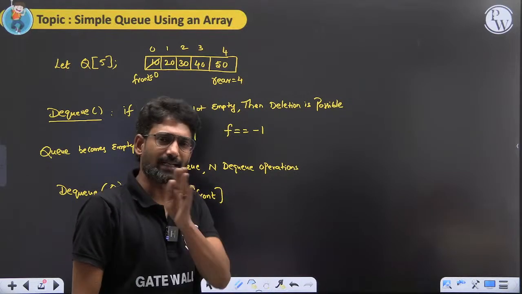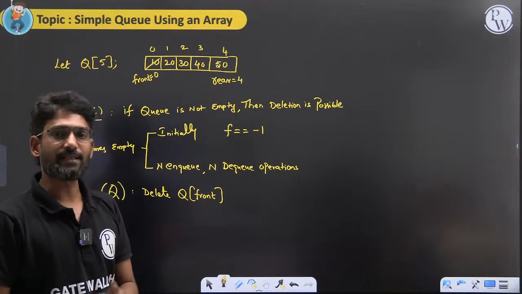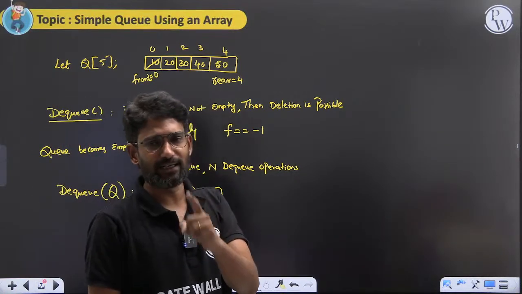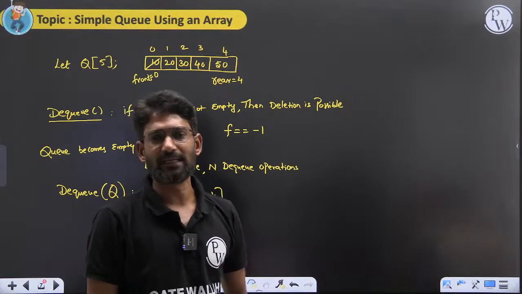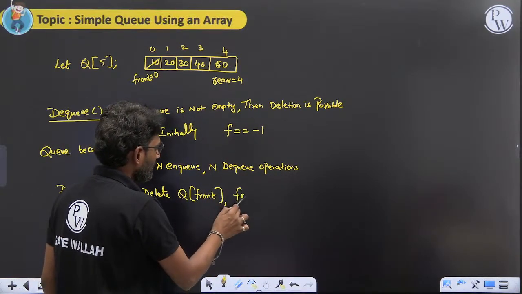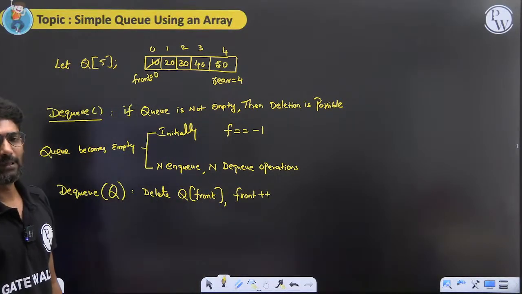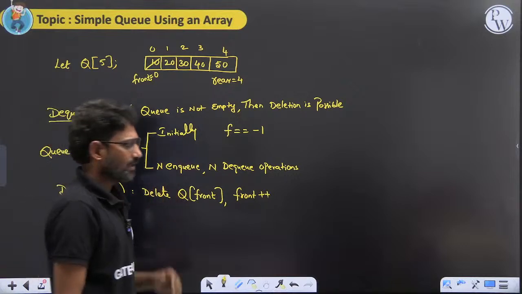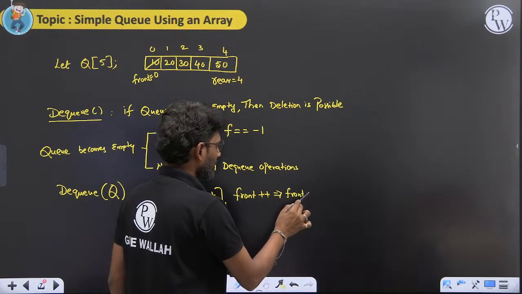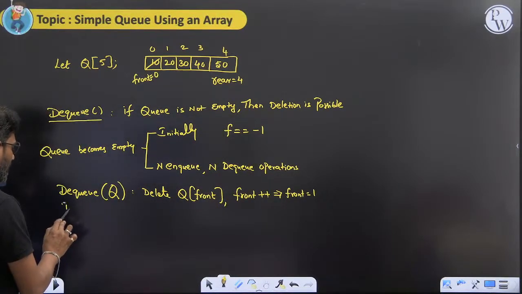Now, what is the next element to be deleted? 20. What is its index? 1. So front should always stand at the index where you can perform the delete operation. So after you delete, increment front. Now front becomes 1.